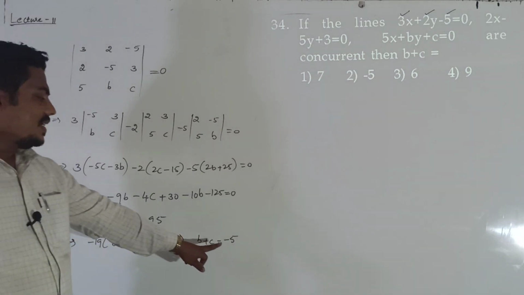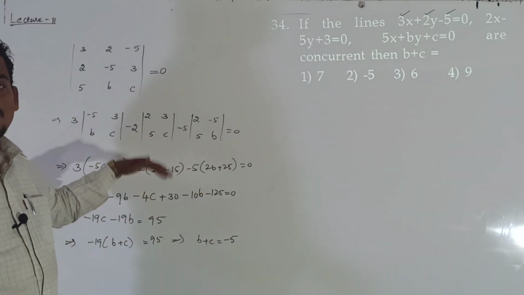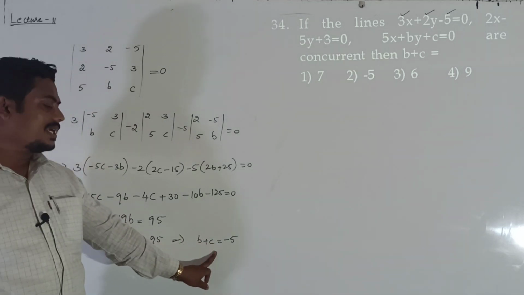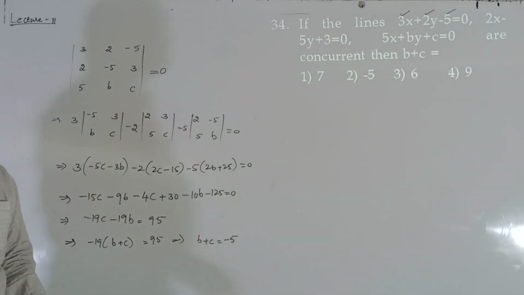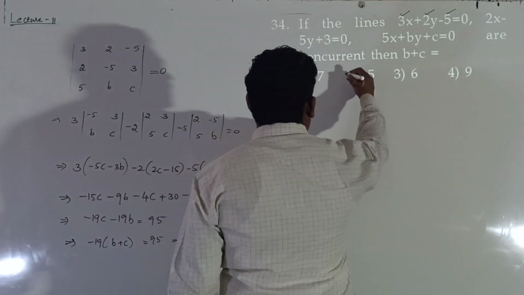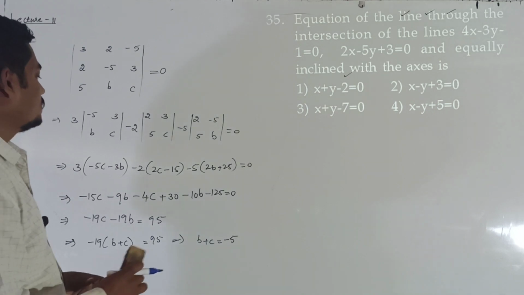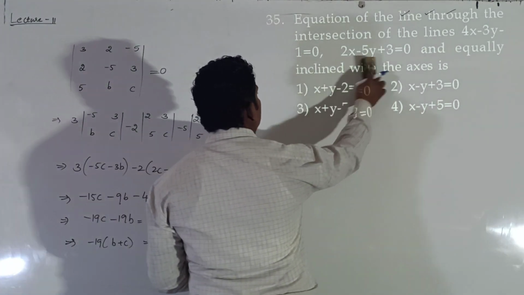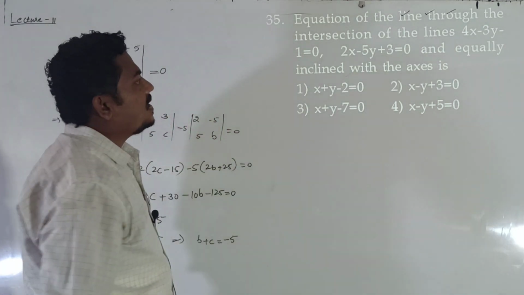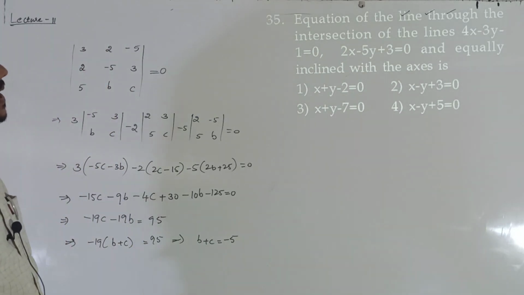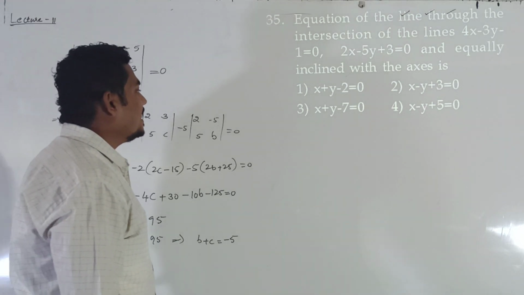The value of b plus c is minus 5. Just expand the determinant and simplify, and directly we get b plus c value as minus 5, that is the second option, right? Next question: the equation of the line through the intersection of these two lines and equally inclined.